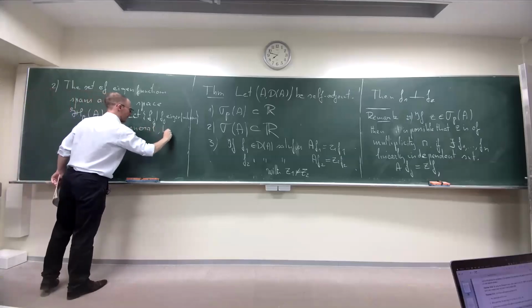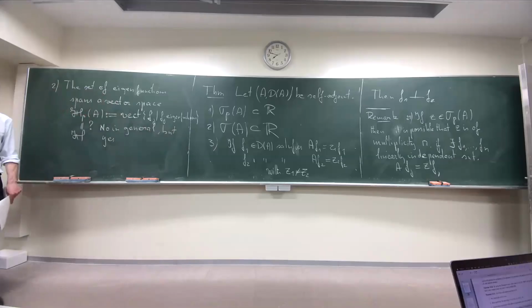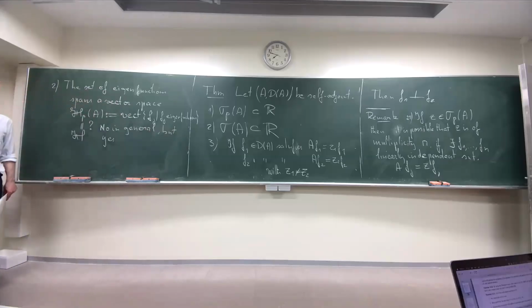But yes, who knows an example where it's true? No, I'm only speaking about self-adjoint operators here. Yes, I'm in this framework of this theorem. Do you know any example where it's yes? Just take one. Okay, you can take the identity operator. What is the eigenvalue? It's one, and every vector is an eigenfunction.